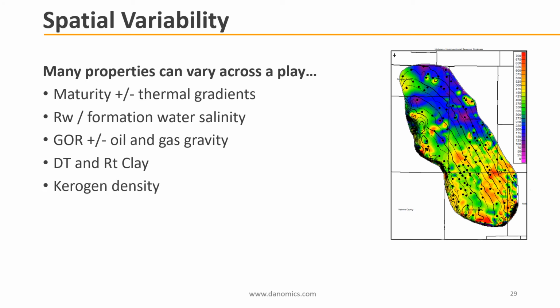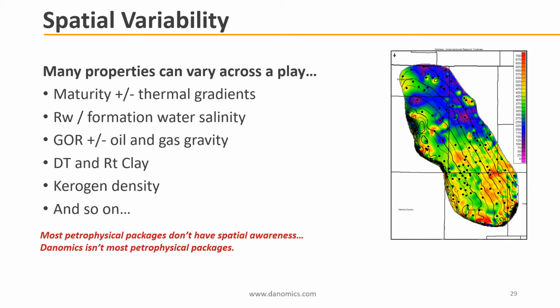Things like kerogen density can vary across a play, and that's related to things like thermal maturity. So we need to understand that. There are many properties that can vary across a play, and this is something we have put a lot of thought into at Danomics.